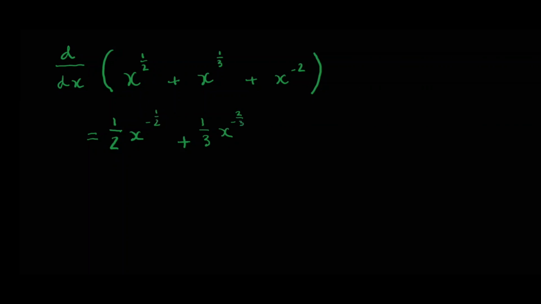And finally we have x to the power of negative 2, so we multiply the term by negative 2, and then we take 1 from the power, so the power becomes negative 3. And there's the final answer. So just remember, fractional indices and negative indices follow exactly the same rules as what we did before.